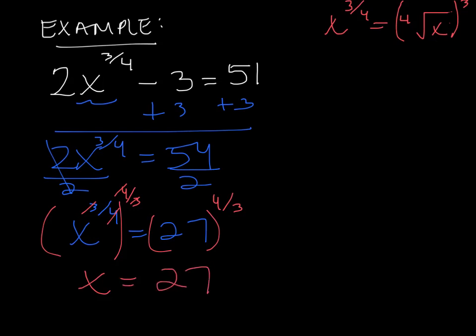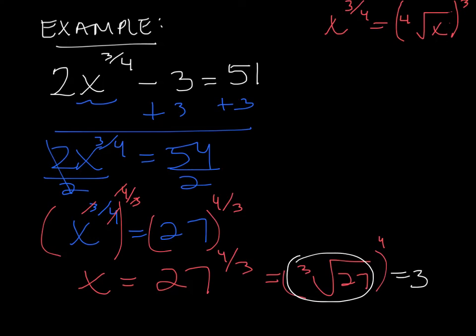Now this I would like you to do without a calculator, because I want you to realize that this is the same thing as the cube root of 27, raised to the 4th. The cube root of 27 is 3, and 3 to the 4th gives me 81.